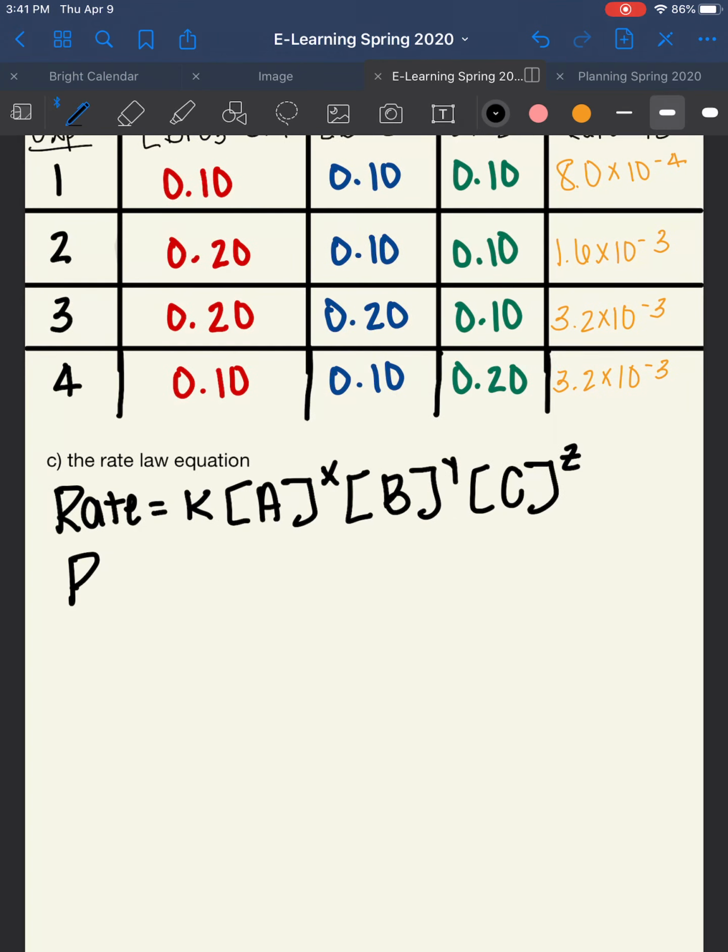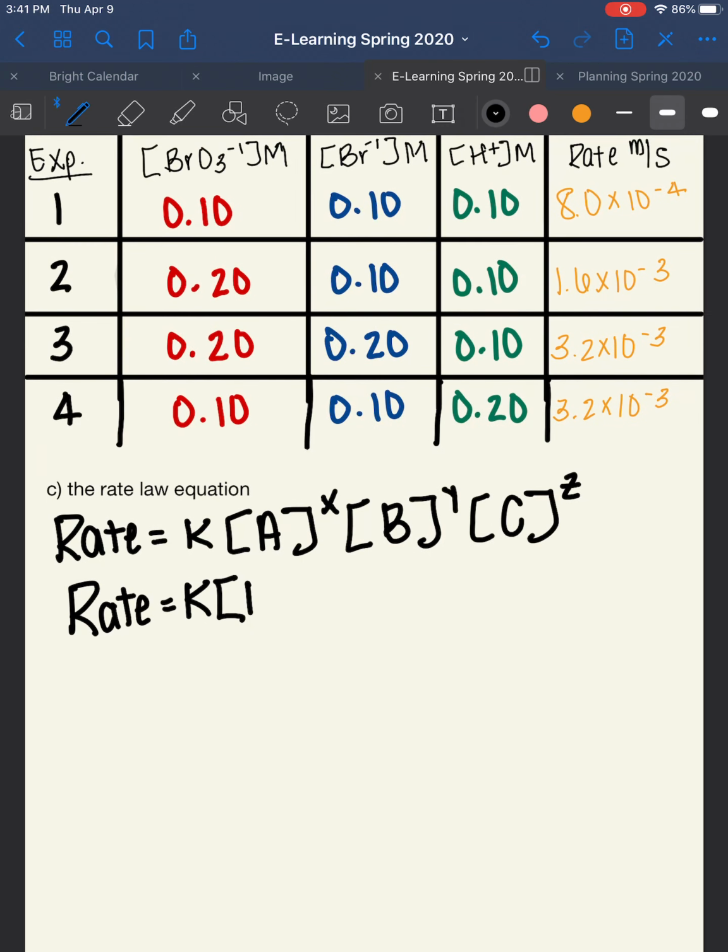So for this reaction, our rate is equal to rate constant K times my first reactant, which I believe is bromate, BrO3 negative 1. We said bromate is first order, so it's going to be raised to 1.